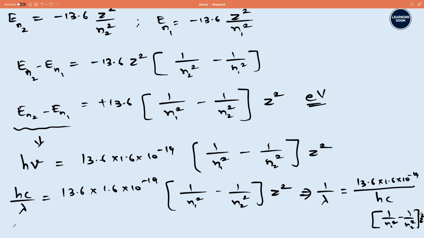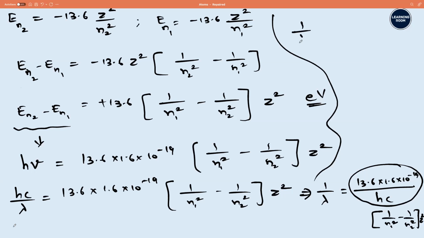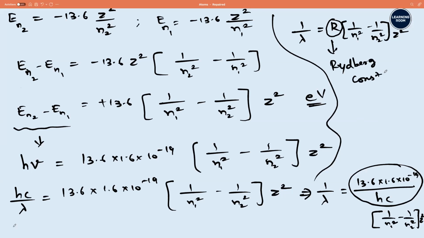Now, when you substitute the value of h and c here, you will have 1 by lambda is equal to capital R into 1 by n1 square minus 1 by n2 square into Z square, where this capital R is called the Rydberg constant.